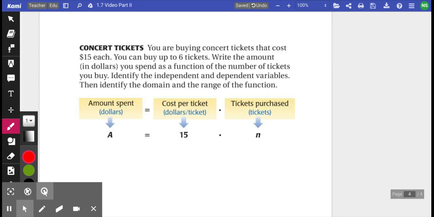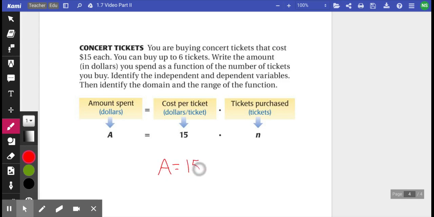The amount you spend in dollars is equal to the cost per ticket multiplied by the number of tickets purchased. And that looks like A equals 15N. You don't have to use A here. You can do whatever you want. You should pick a letter that keeps whatever the variable stands for in your mind so you don't get confused.